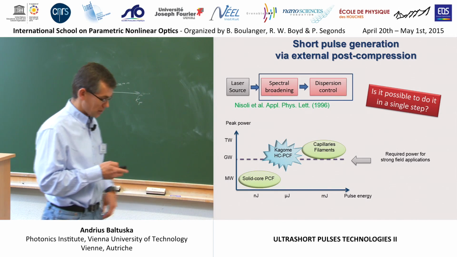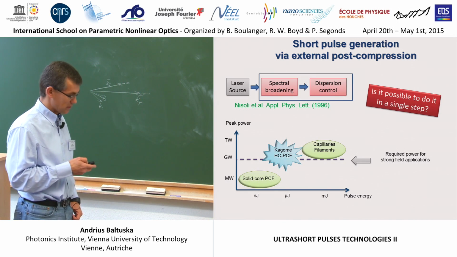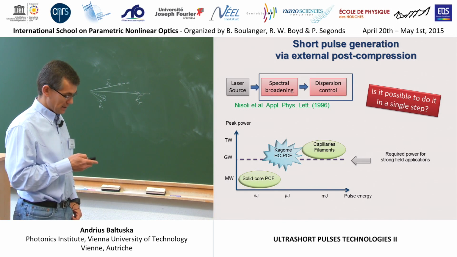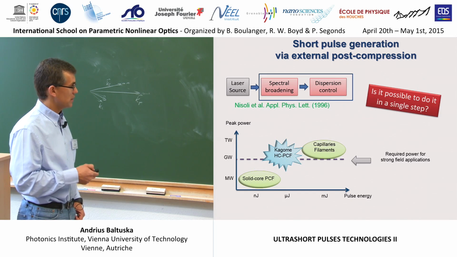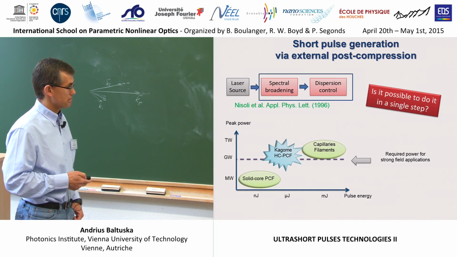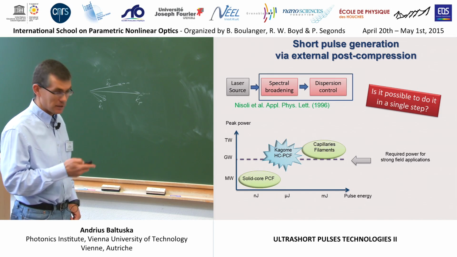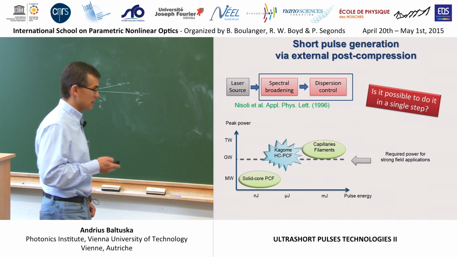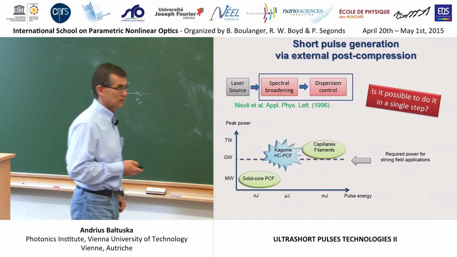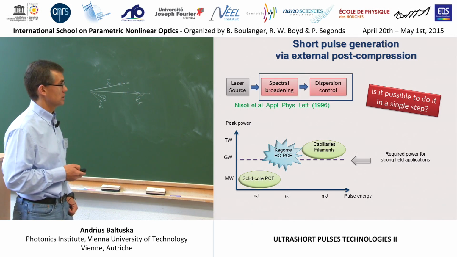And I will show two realizations of this idea in the mid-IR region, one for microjoule pulses and fiber geometry, and another one for much higher energy pulses, tens of millijoules, and solid-state geometry.